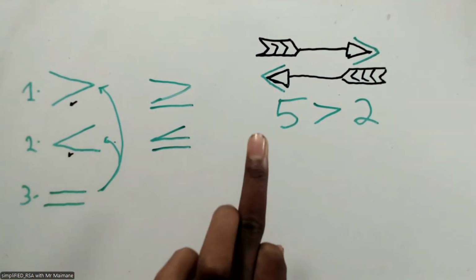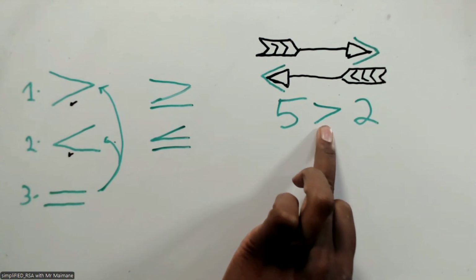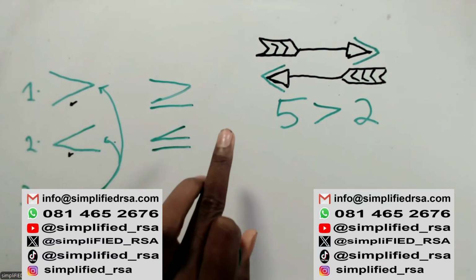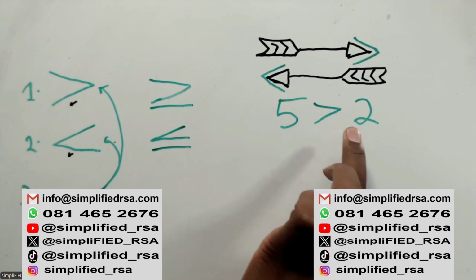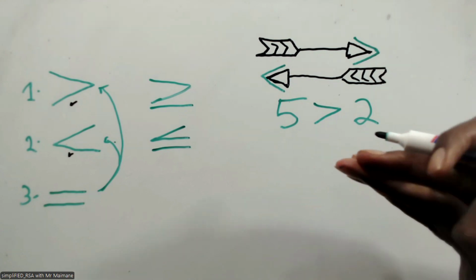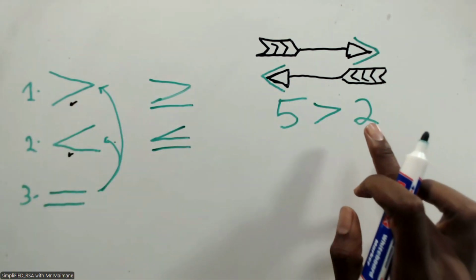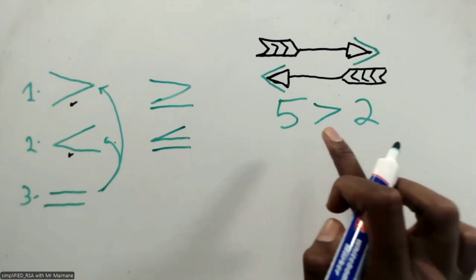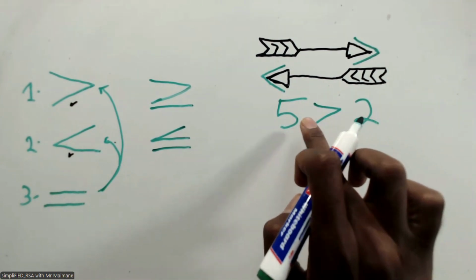Hence, we say 5 is greater than 2. But I can also say it from the other direction: 2 is less than 5.